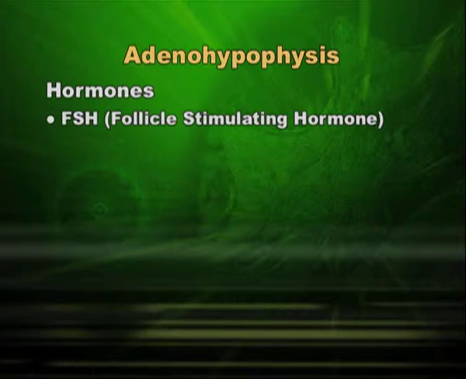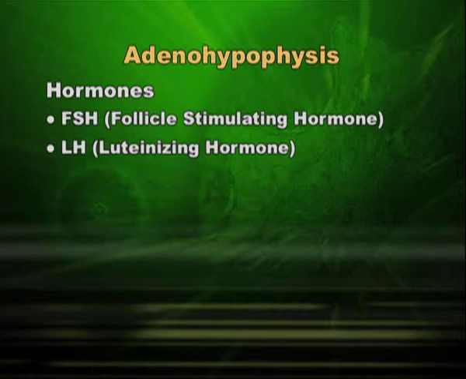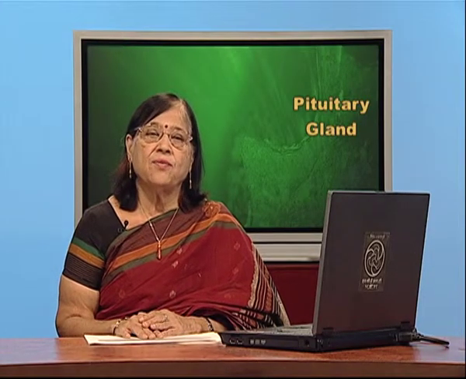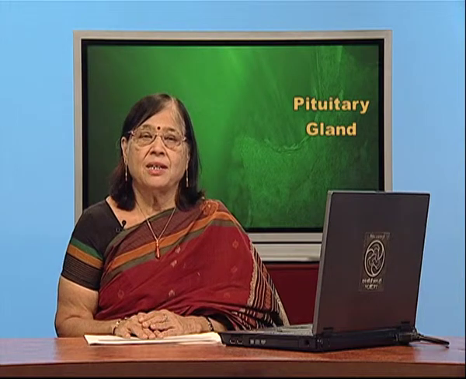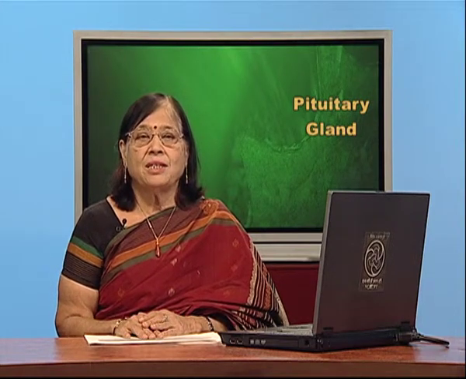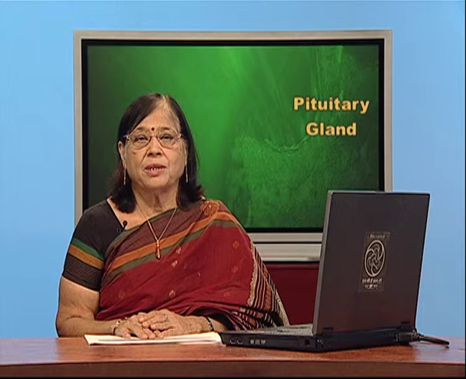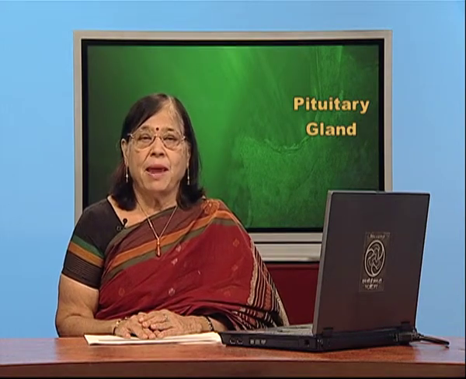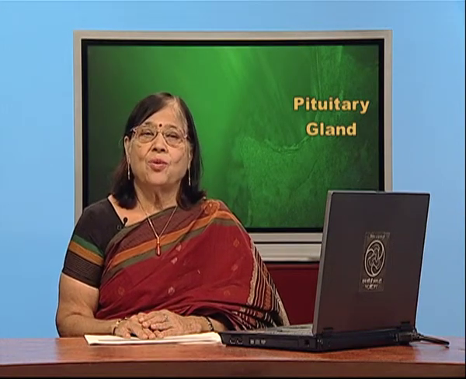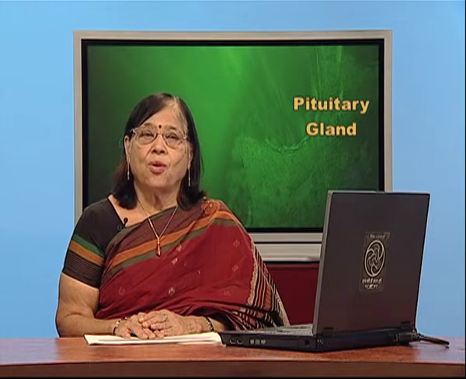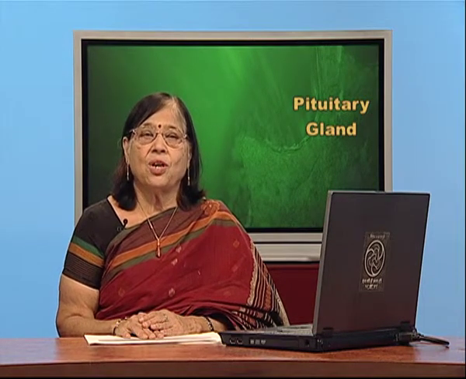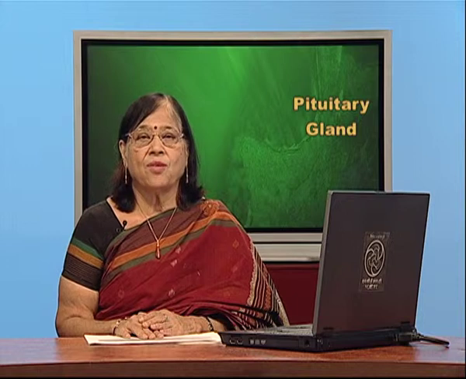The next important hormone coming out from anterior pituitary is LH, luteinizing hormone. It causes luteinization in female. Luteinization is another word for ovulation. So LH is ovulating hormone, but in men there is no ovulation, so it is not reasonable to call it LH or luteinizing hormone in case of men.